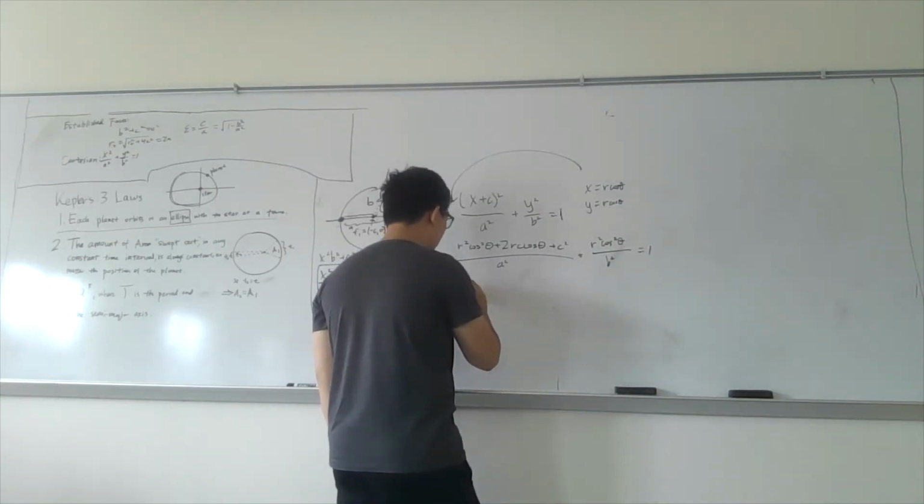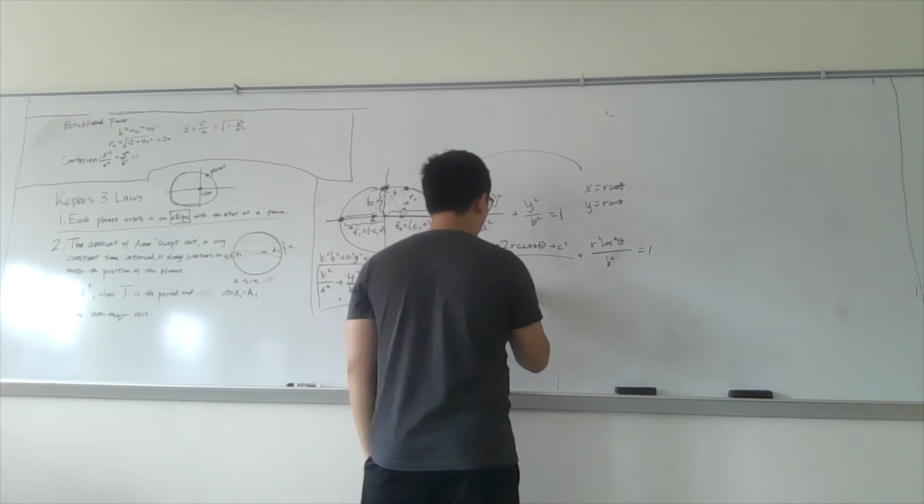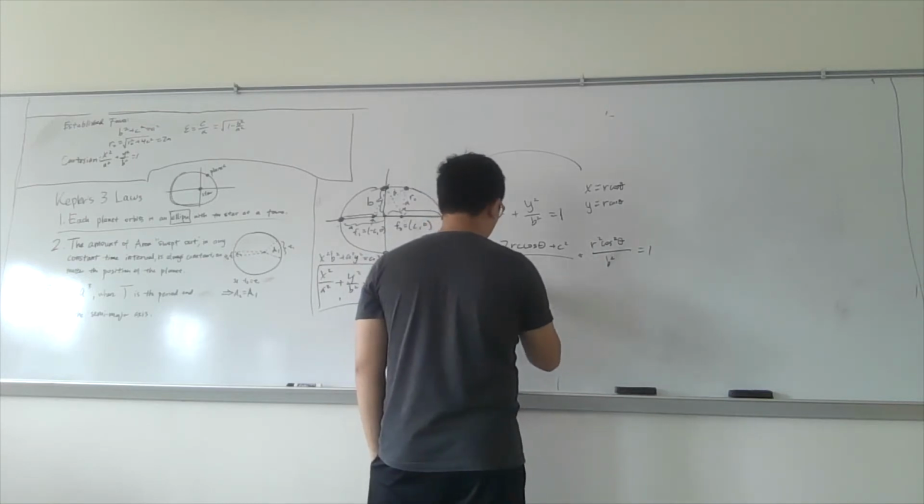We're going to get, good. I'm going to need a lot of room for this. I don't think I have enough room. It's a bit unfortunate to say the least.